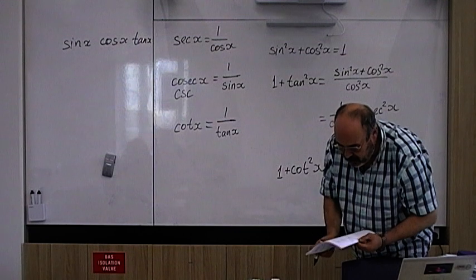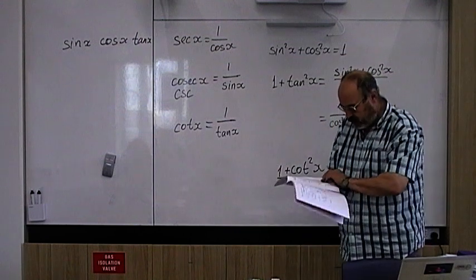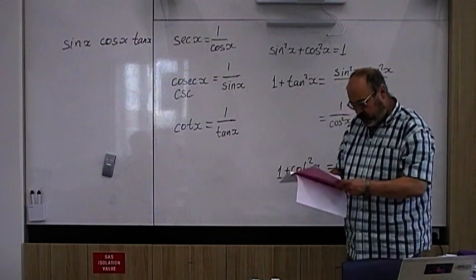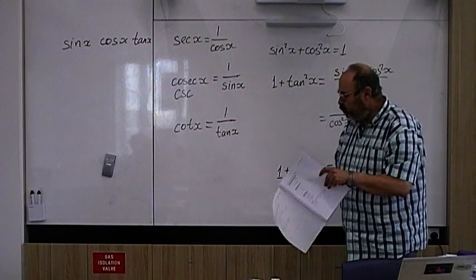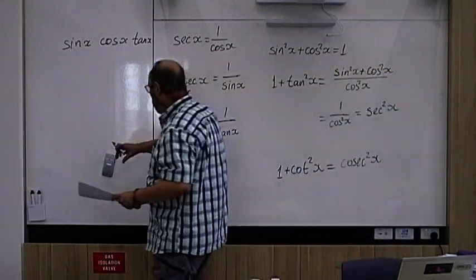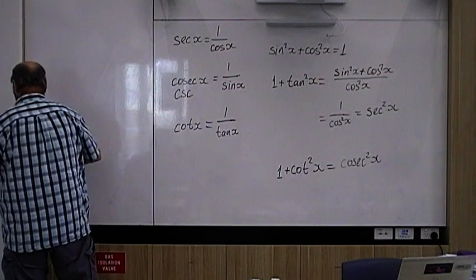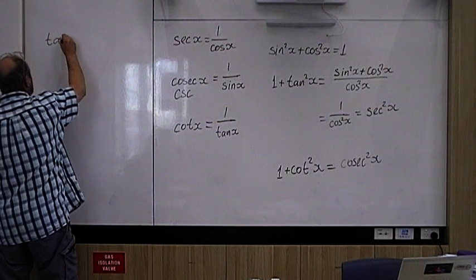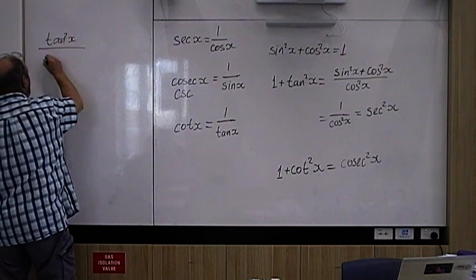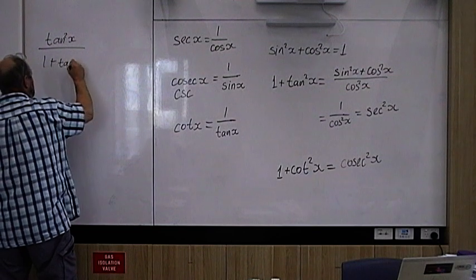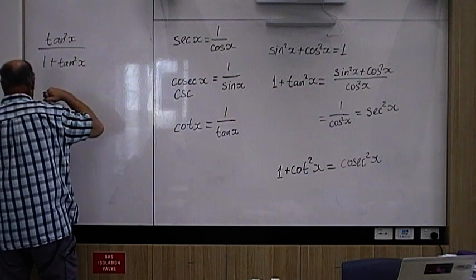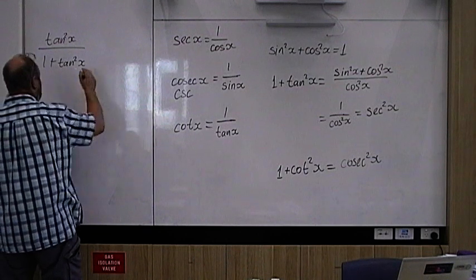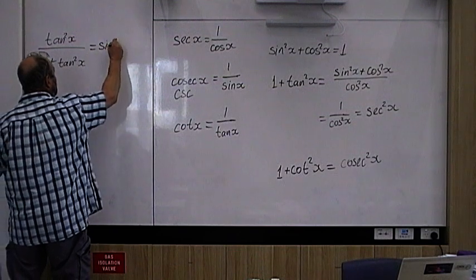As an example, let's have a look at question 8 on page 25 from the booklet, where we need to simplify the next expression: tan squared x over 1 plus tan squared x. Not simplify, we need to prove that this equals sine squared x.